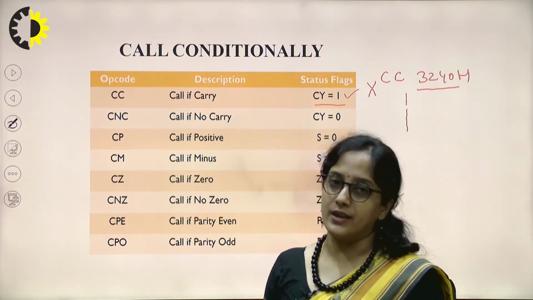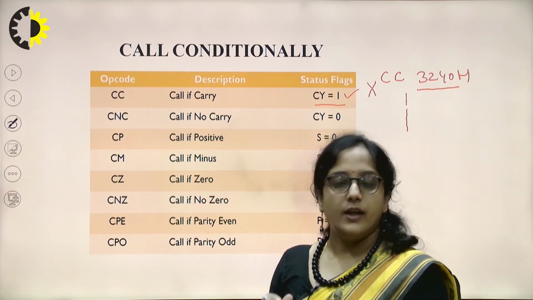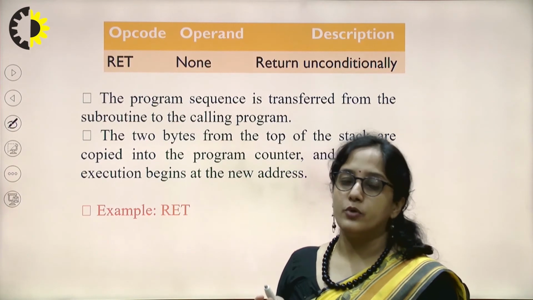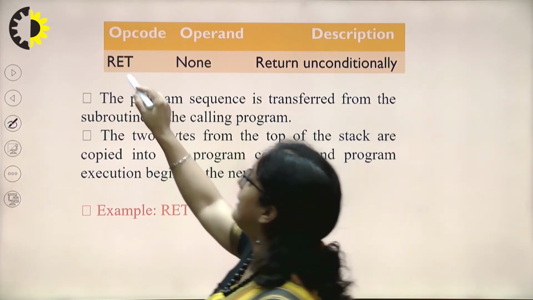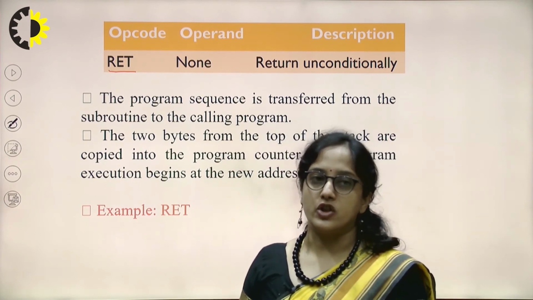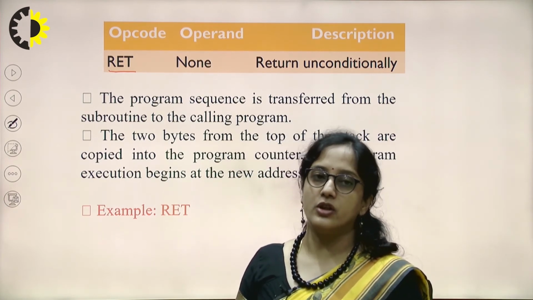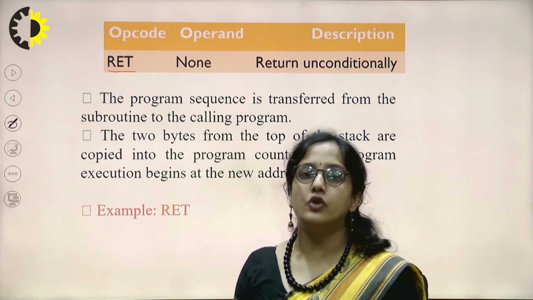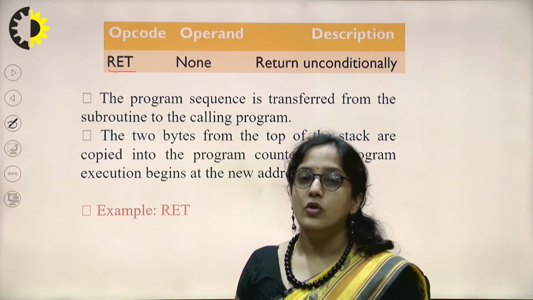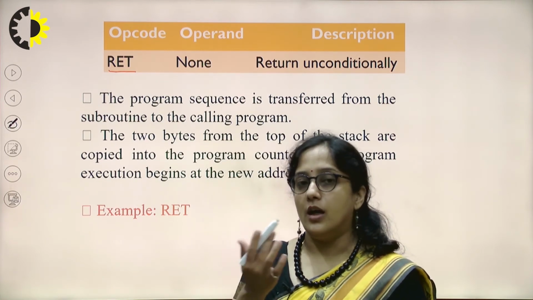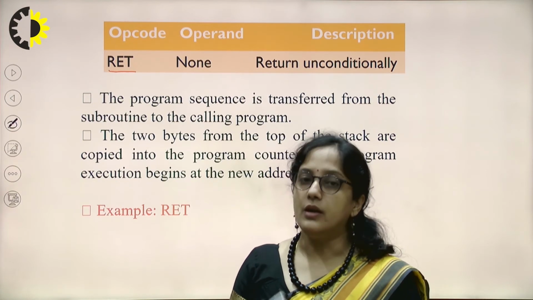Now, as I told you, in case of conditional call or unconditional call, we are calling a subroutine program, and at the end of that subroutine we must write RET. This RET instruction gives a command to the microprocessor that the program counter has to be reloaded with the content that was pushed on the stack.